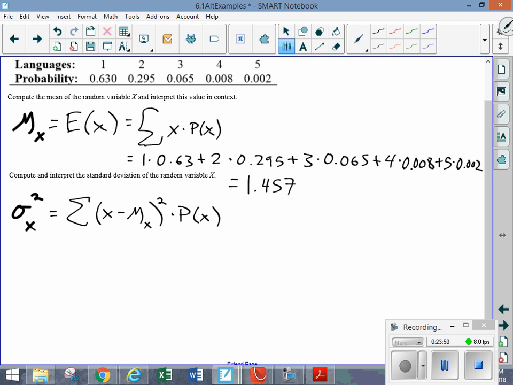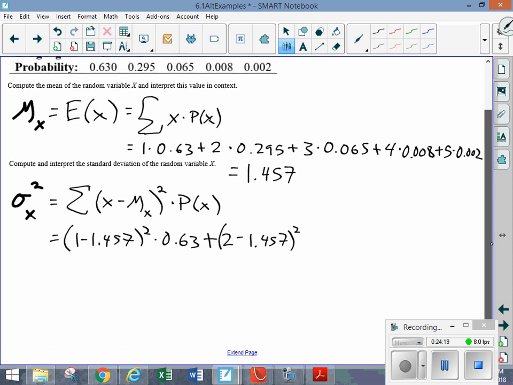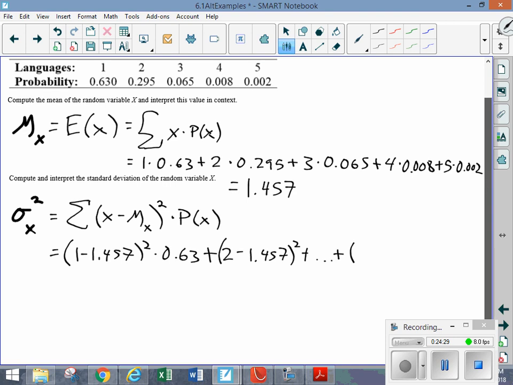Because if we write this thing out, it's going to be 1 minus 1.457 squared times 0.63 plus 2 times 2 minus 1.457 squared plus, and we're going to skip some stuff in the middle that you should know about considering our pattern. And then we go all the way up to 5.